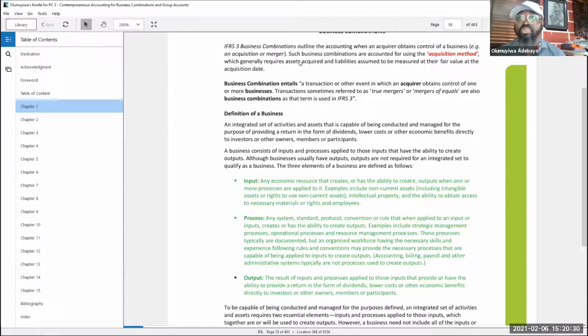And from the provision of IFRS 3, it's only a single methodology that can apply. And that methodology is what is known here as the acquisition method. Acquisition method. And what does acquisition method say?